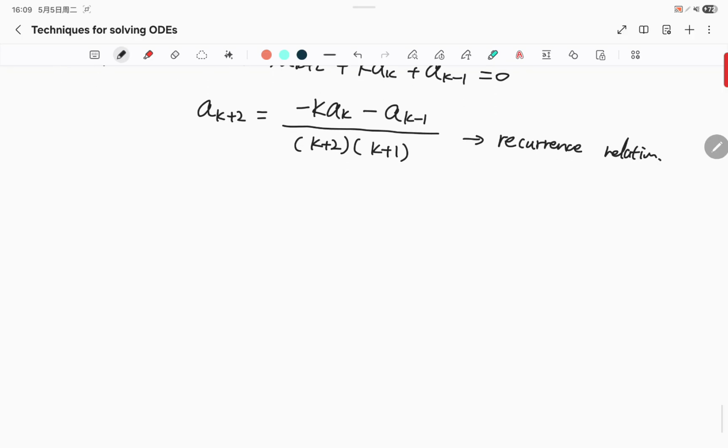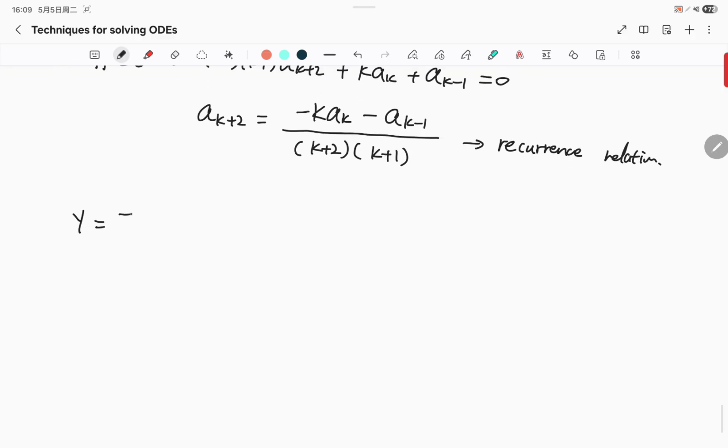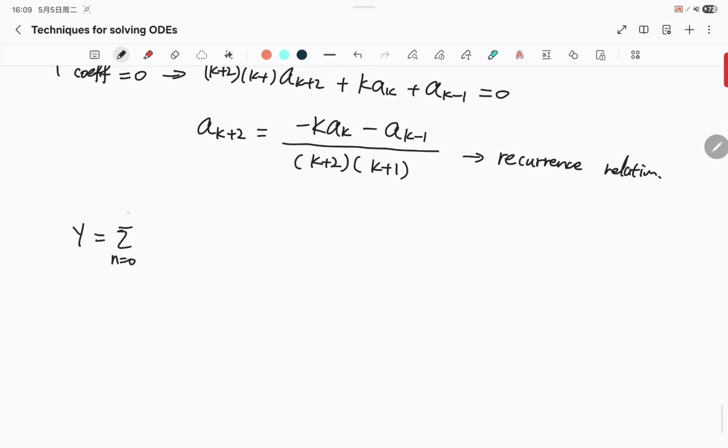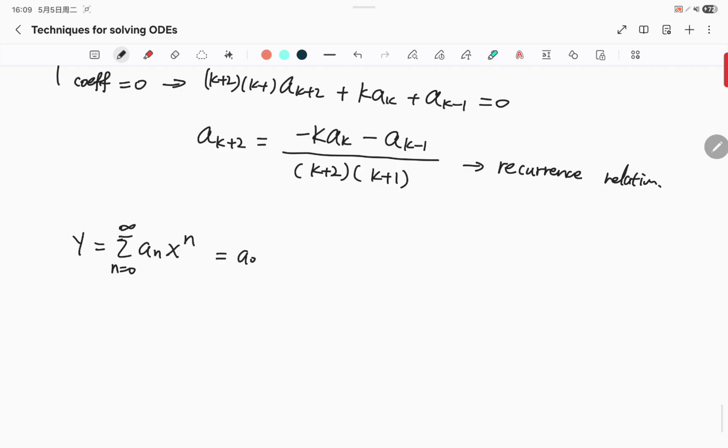Don't forget that in the first step, we said that y is equal to the sum from n equals 0 of an, x to the n. Expanding this, when n is 0, a0, x to the 0 is 1, plus a1 x, plus a2 x squared, plus a3 x cubed, plus a4 x to the 4, plus so on.